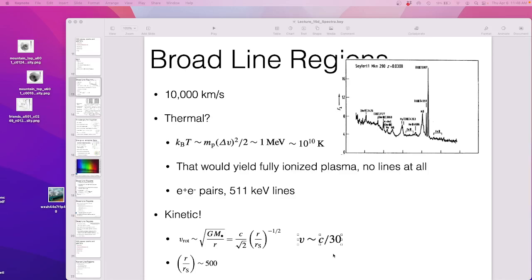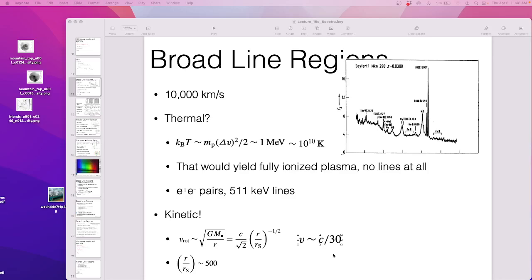So why is it moving so fast? Around the black hole. v squared equals GM over r. So if r is some large number of the Schwarzschild radius, if r is 500 times the Schwarzschild radius or 100 times the Schwarzschild radius, then we get a velocity that makes sense.